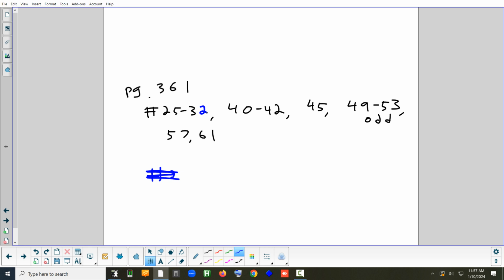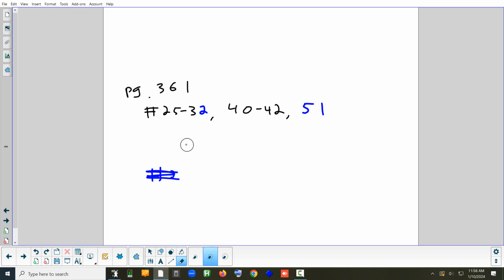And then let's do 51. So it's 25 to 32, 40 to 42, and then 51.